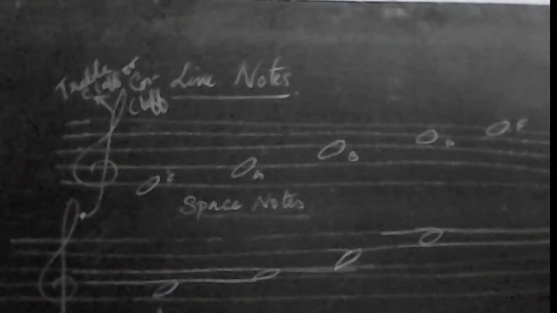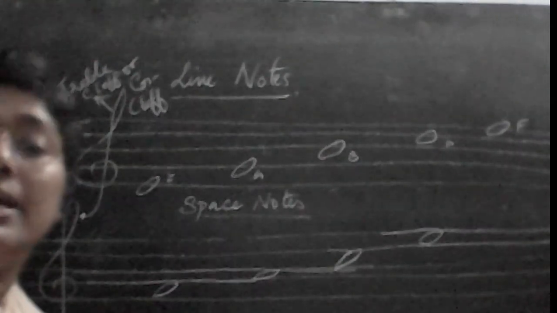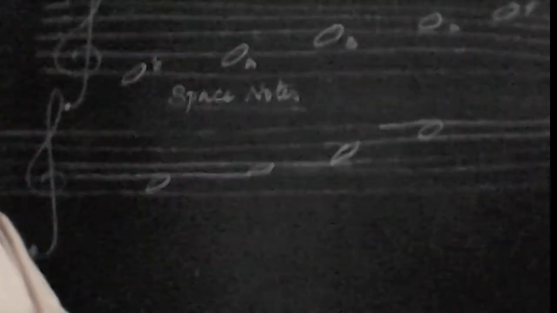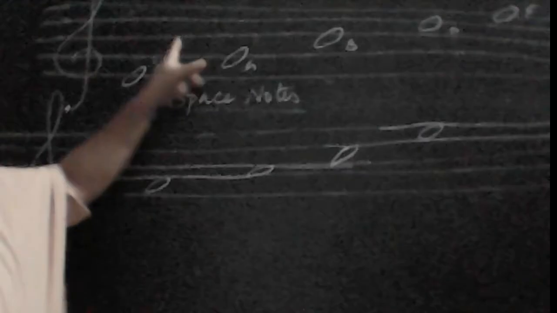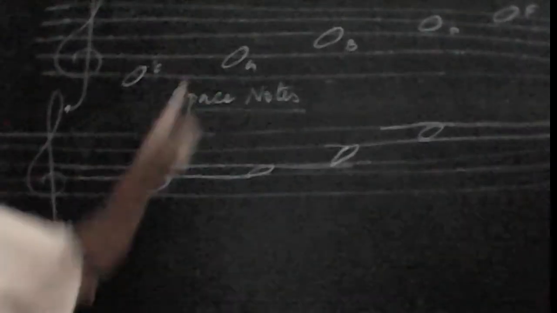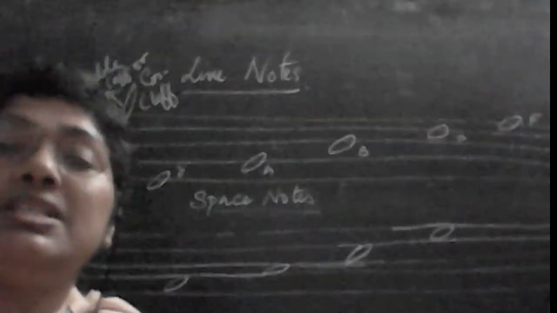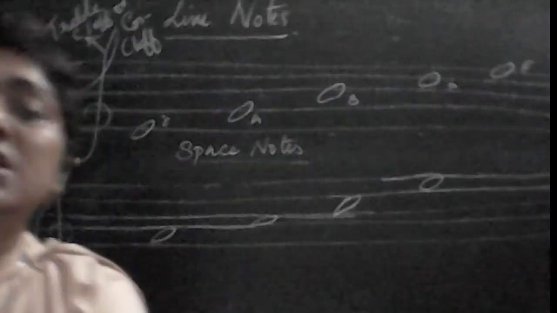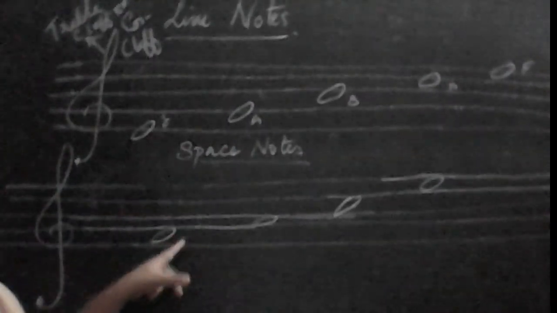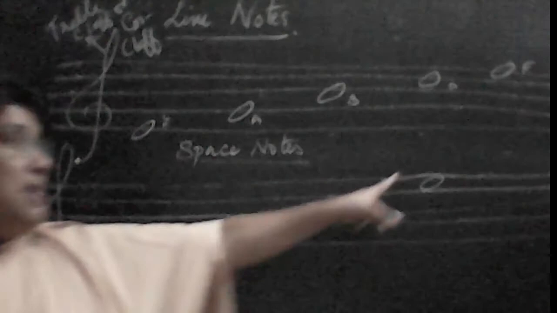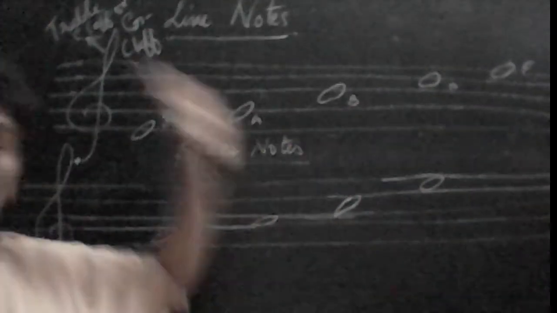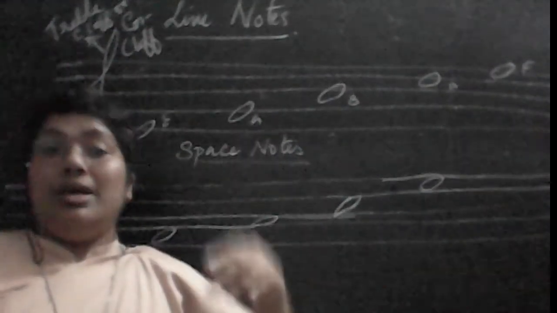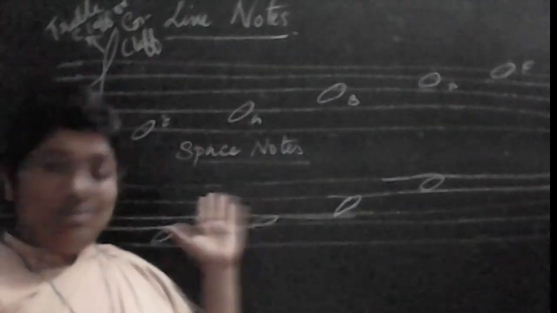So, first space note is, I can just show you. There are four spaces here. For these line notes, there are 4 spaces, right? So for each space note, you write the first space note, second space note, third space note, fourth space note. By the space we mean the space between the lines.